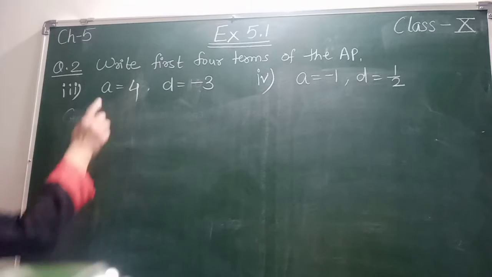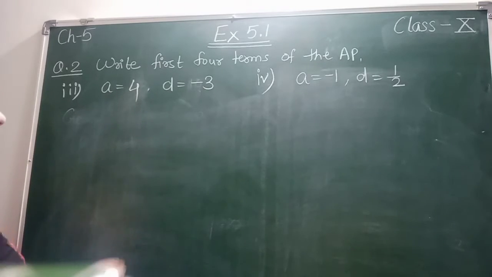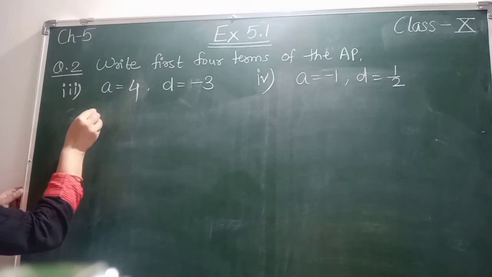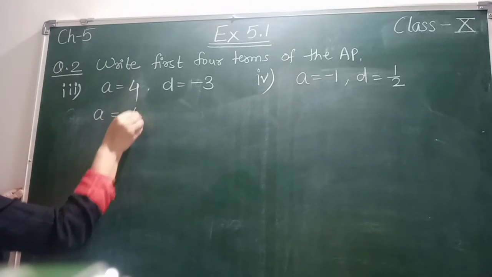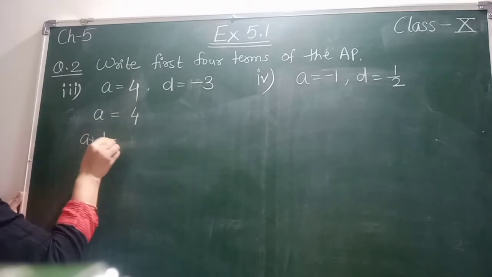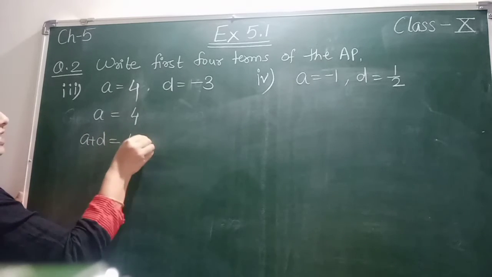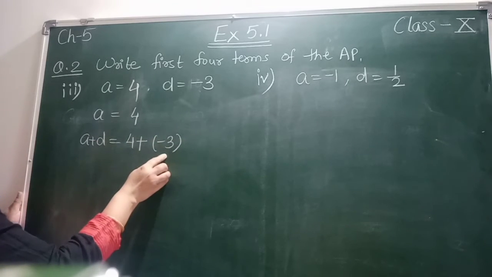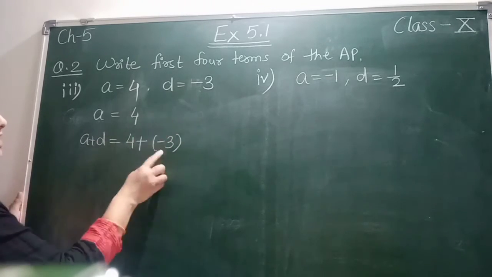Third part of this question is a equals 4 and d equals minus 3. We will find the four terms of this AP. The first term will be a, because it is given here a equals 4. Second term a plus d: the value of a is 4, the value of d is minus 3. We will write this value within brackets because the value of d is negative here.